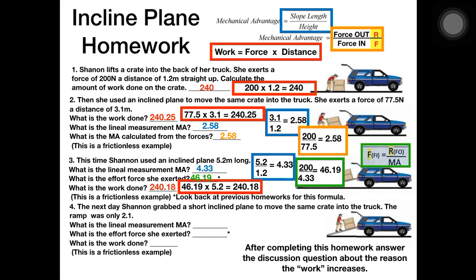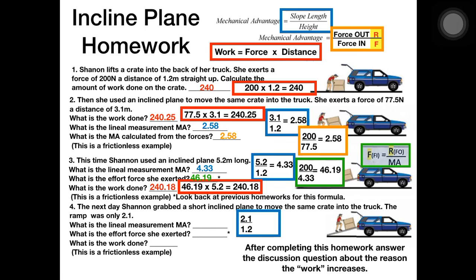The next day, Shannon grabbed a short inclined plane to move the same crate into the back of the truck. The ramp was only 2.1 meters. What is the lineal measurement MA? Okay, so we're going to use our blue box here again. Slope length was 2.1.